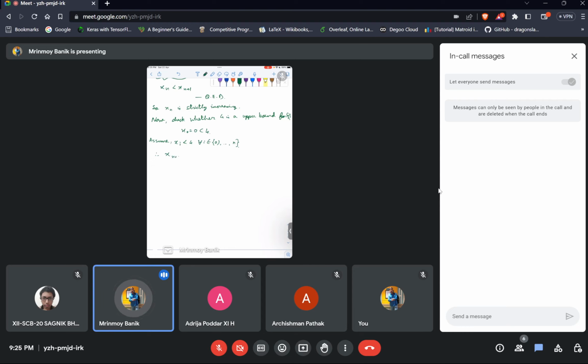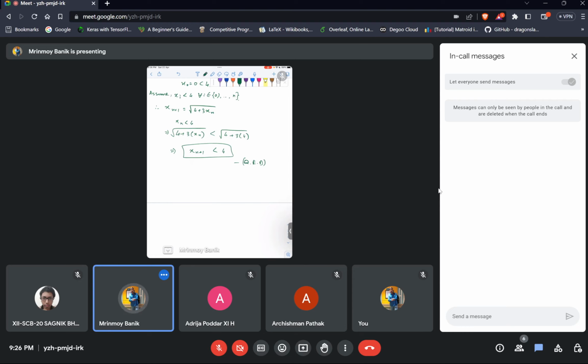Therefore xn+1 is the square root of 4 plus 3xn. So xn less than 4 implies 4 plus 3xn, square root of that, is less than the square root of 4 plus 3 times 4, which is 16, so it's less than 4. So that implies xn+1 is less than 4. So the second claim is also achieved.